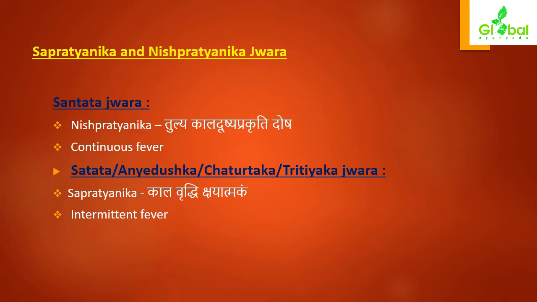And the nature of the fever will be continuous in nature. That is Santata Jwara. With respect to Sapratyanika, Satata, Anyedyushka, Chaturthaka and Tritiyaka, from the classification of Vishamajwara itself, if it is Sapratyanika, Kala Vriddhi Kshayatmakam will be classified, and the type of onset of fever will be intermittent in nature.